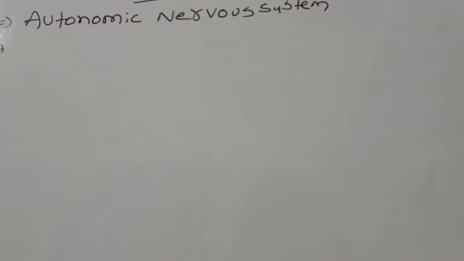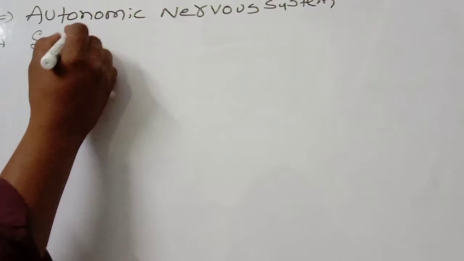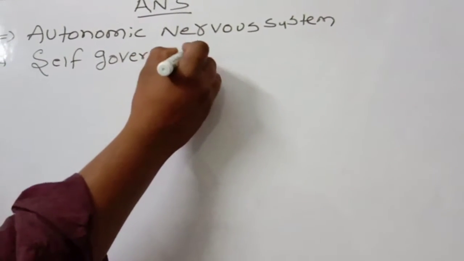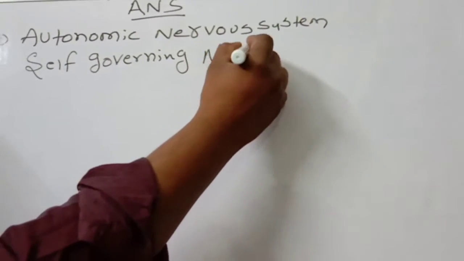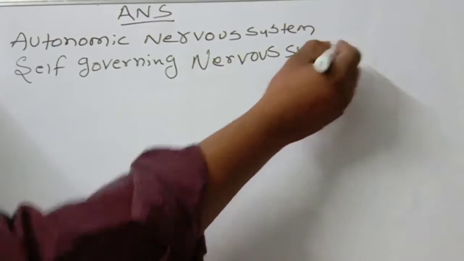This one is the self-governing nervous system. The system is the self-governing nervous system.